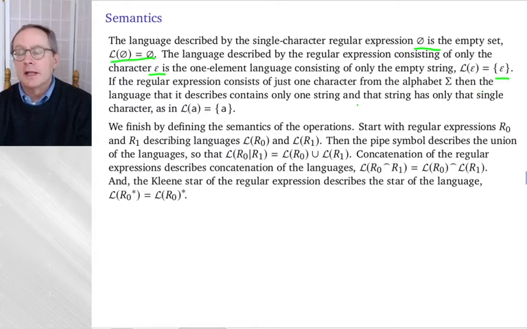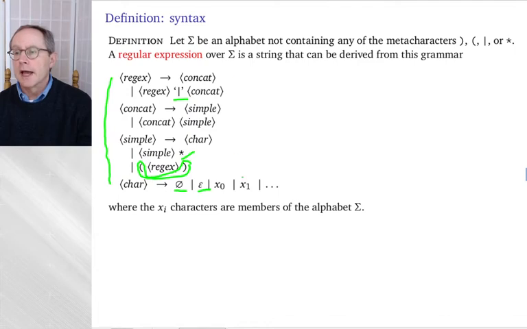Then finally, the last thing that is similar to those two is down here: it's possible for a regular expression to contain a single character, like lowercase a or lowercase b or 0 or 1 or any single character from the alphabet.